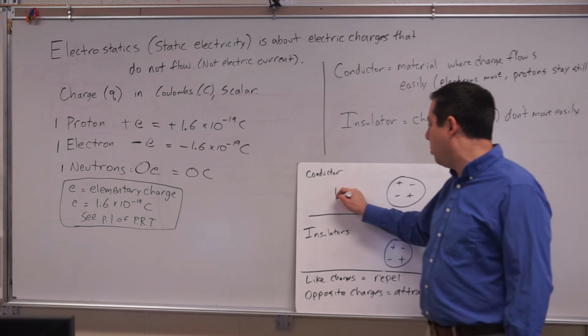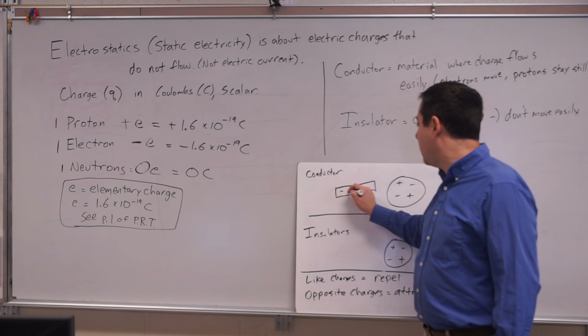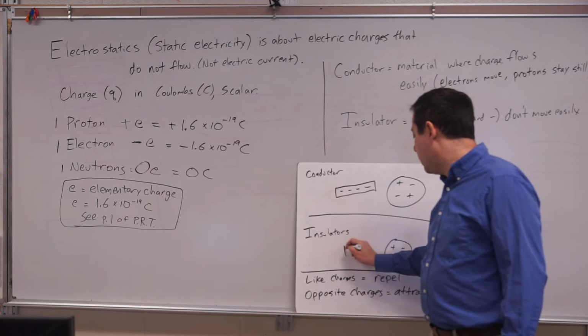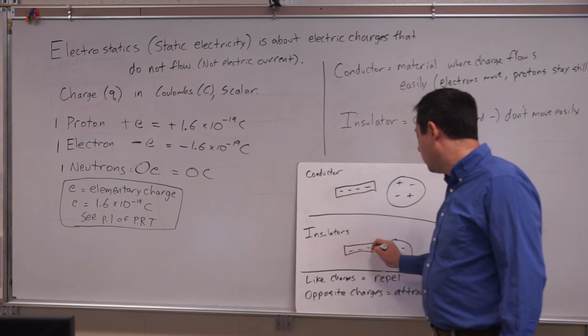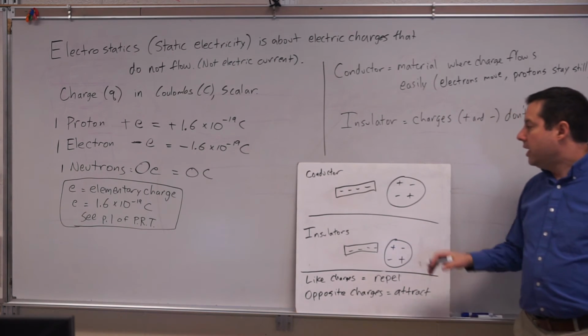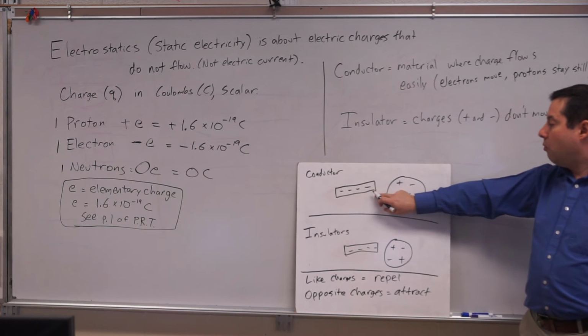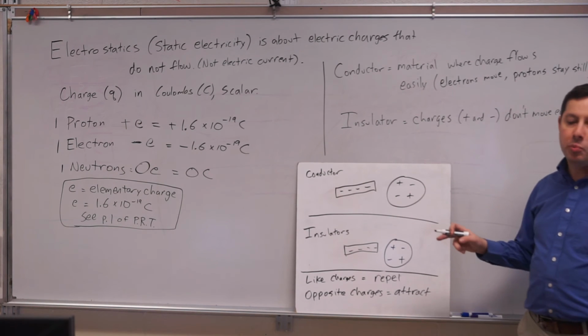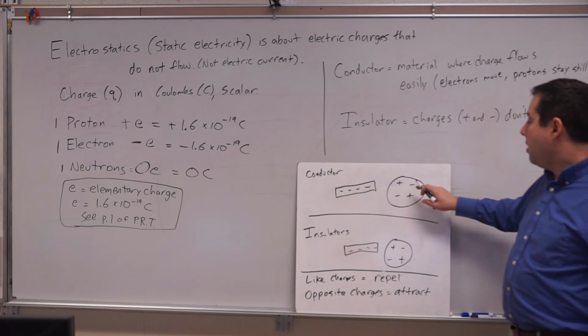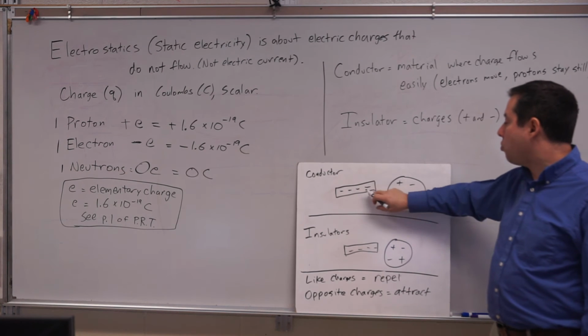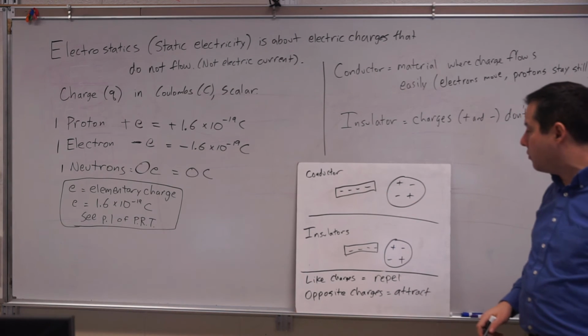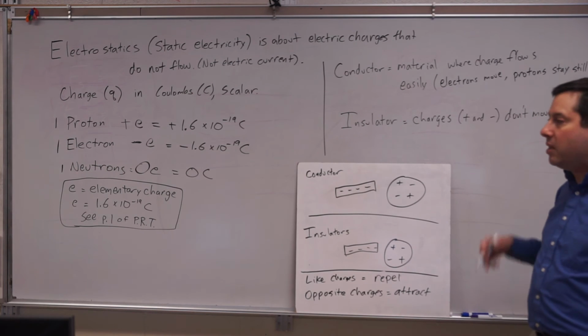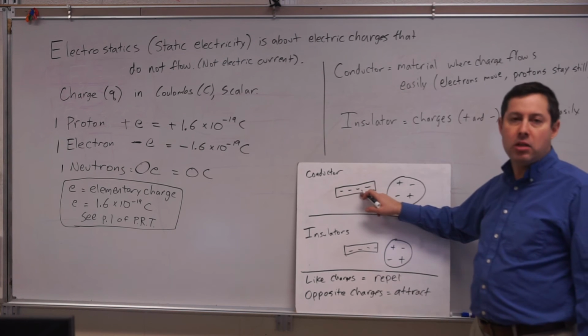And so let's say we bring an object that is negatively charged near both of these objects. In the conductor, what we find is that the charges move around pretty easily, and so the charges that are attracted to this, being the positive charges, well, they don't really move, but the electrons do.